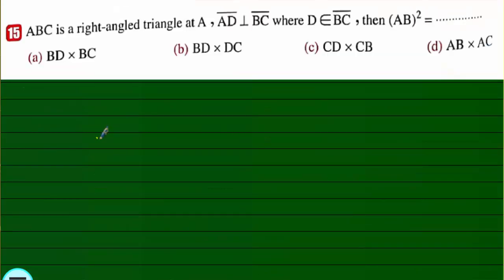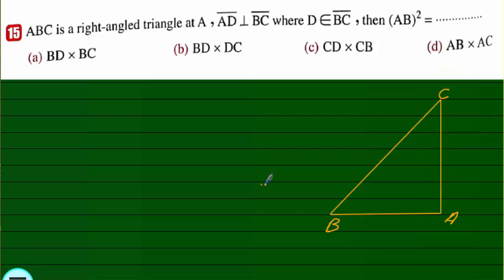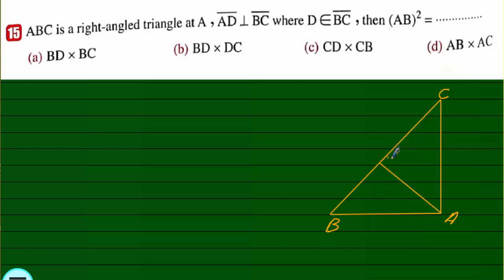ABC is a right angled triangle at A, so we'll draw a right angled triangle. AD perpendicular to BC. So we draw AD, starting from A, perpendicular to BC. Here this angle equals 90 degrees, where D belongs to line segment BC.